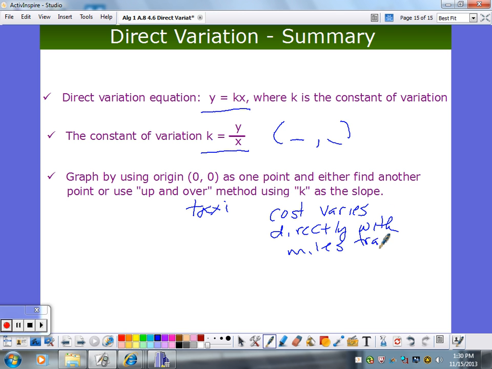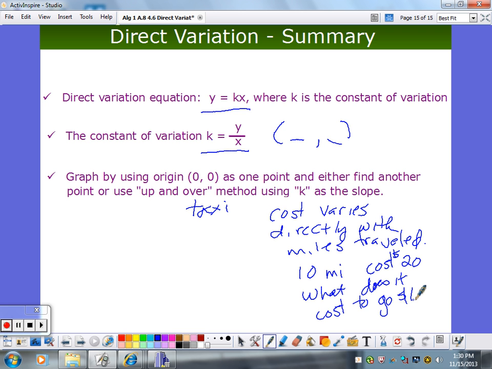You went 10 miles, and it cost you $20. What's it going to cost to go 15 miles? Getting the answer is a goal, but I want to go through the process here. I want to review the process.